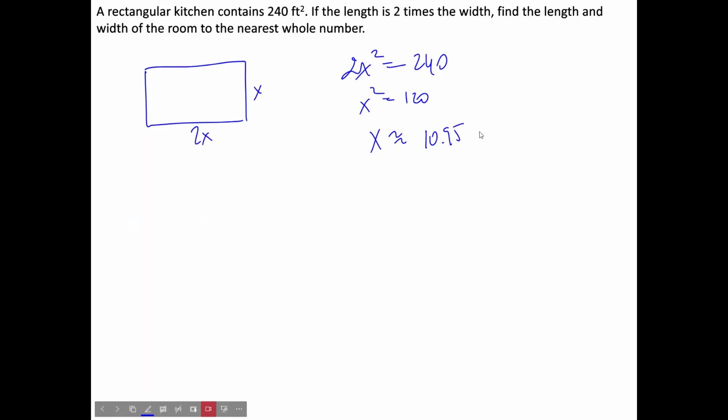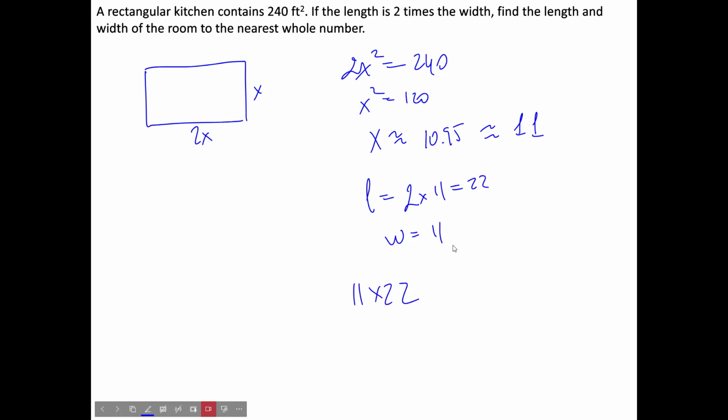So round to the nearest. So length is 2 times 11, 22. Width is 11. So 11 by 22.